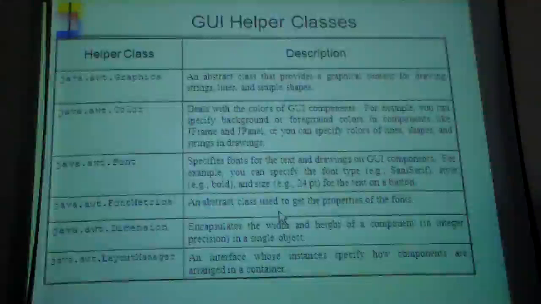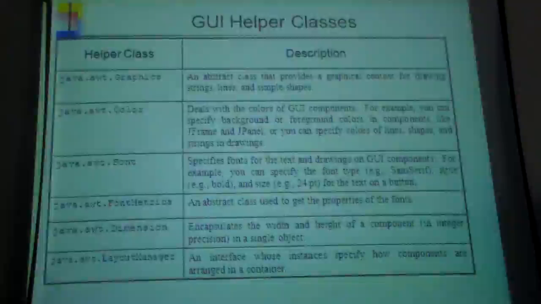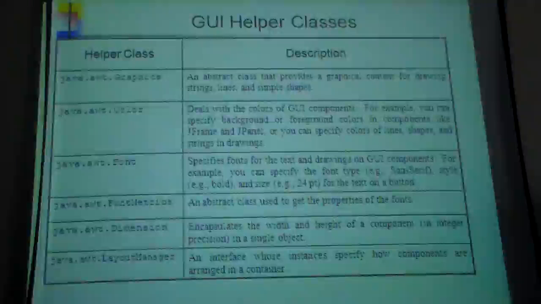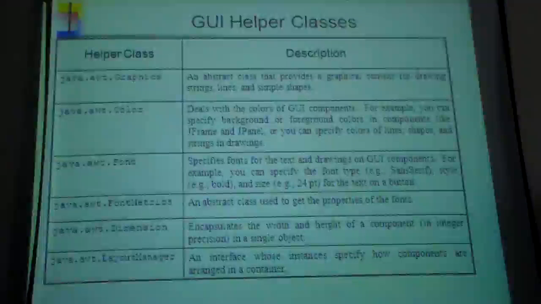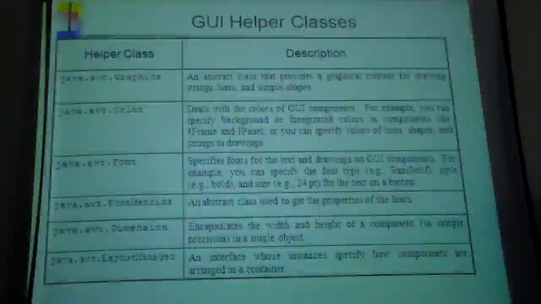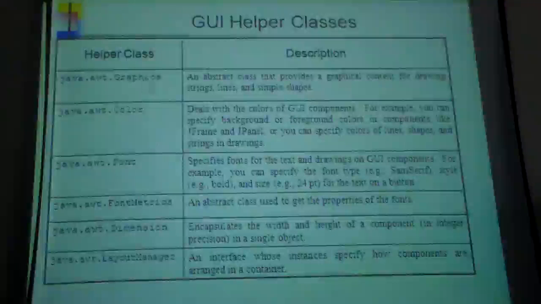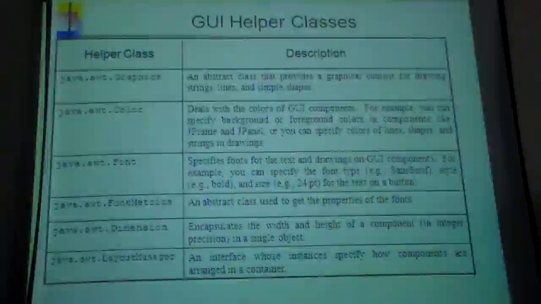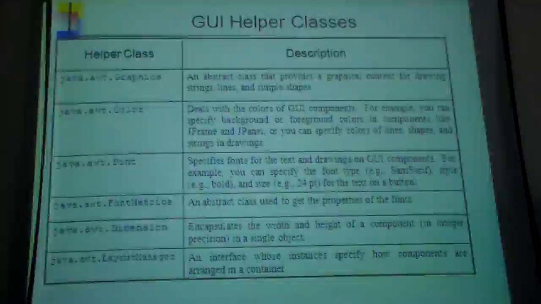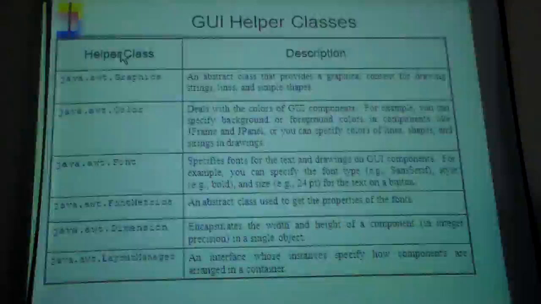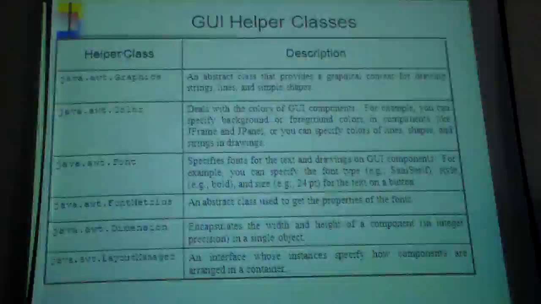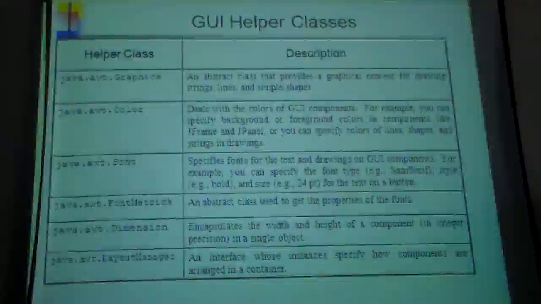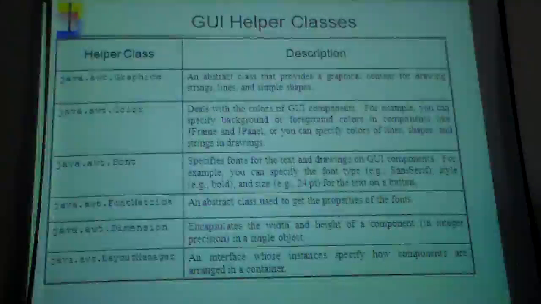Okay, helper classes. We said they are still in AWT, not in Swing. If I am using Swing, I can still use those classes which belong to AWT. To reach the helper classes, we go to java.awt.Graphics, which is the class if I want to draw some figures.